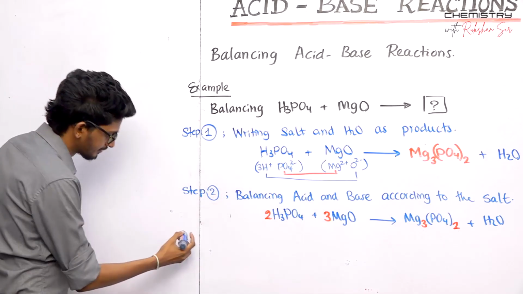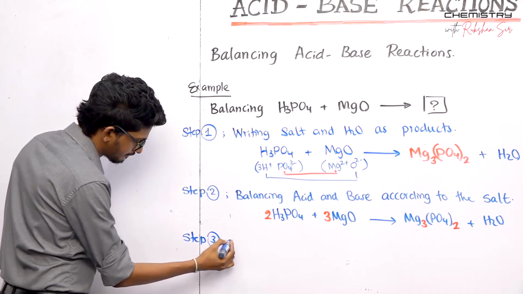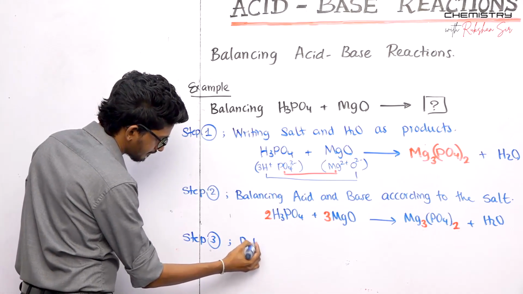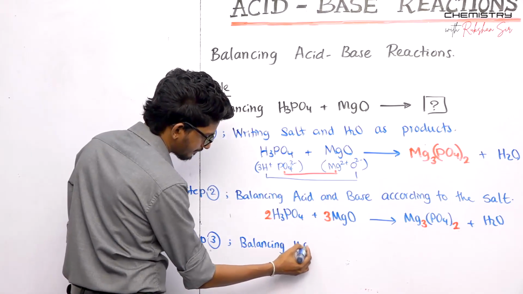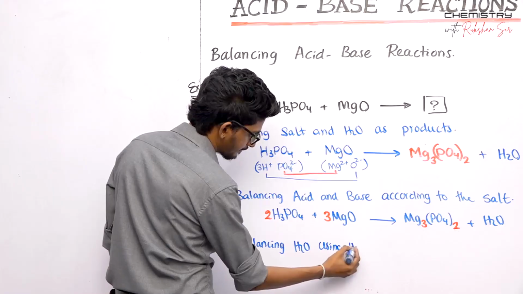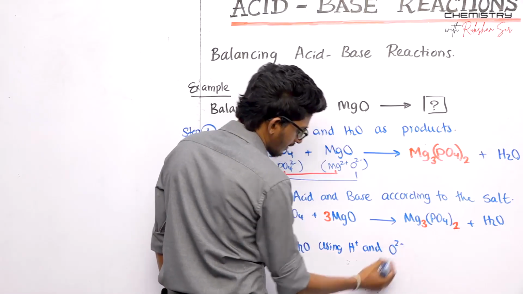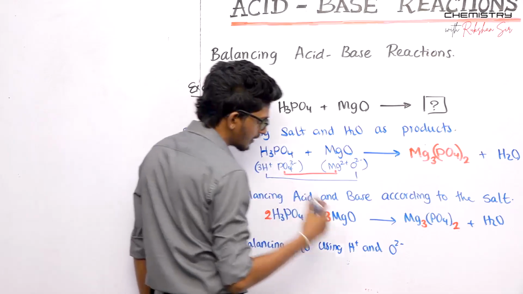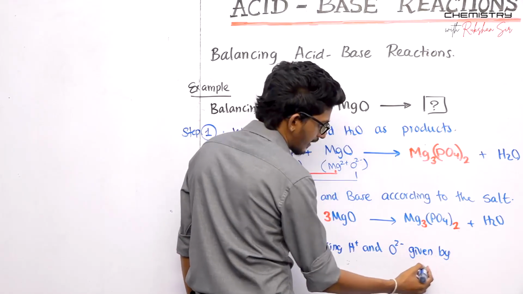Step number 3 is balancing water, using the H pluses and O2 minuses, or OH minuses, O2 minuses in this case, given by the acid and the base.